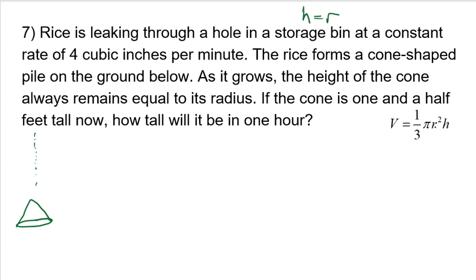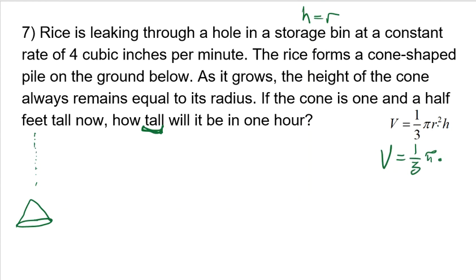I could replace r with h, or I could replace h with r. Now the question does ask about how tall it is, so tall is height. So I actually want h to be in my answer because I'm looking for height. So I'm going to replace r with h because, again, h and r are equal. So 1/3 pi, if I replace r, but I can't talk today.